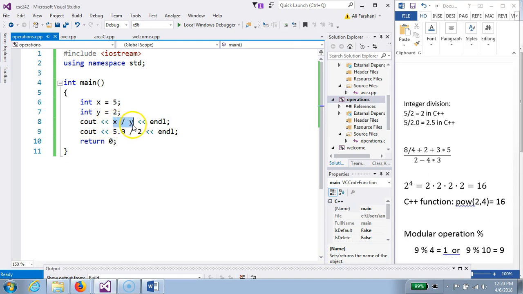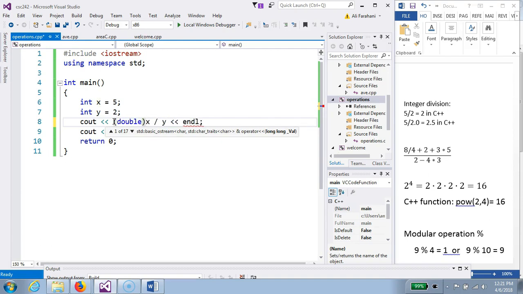Now you may ask, so how would I turn this x divided by y into a floating point division? Well, in C++ you can cast variables. So in this particular case, I can go in here and cast, meaning temporarily change the type of a variable to another type, and I can here temporarily cast this integer x into a double, right?